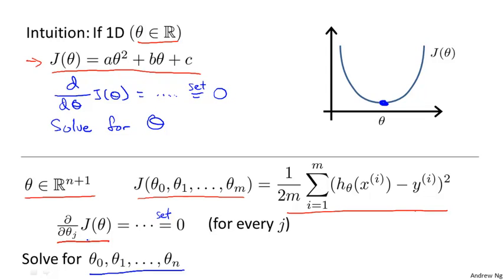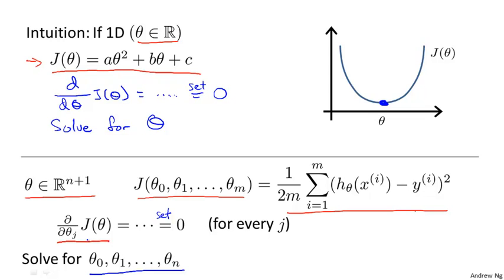Well, if you actually work through the calculus and work through the solution to the parameters theta 0 through theta n, the derivation ends up being somewhat involved. And what I'm going to do in this video is actually to not go through the derivation, which is kind of long and kind of involved.